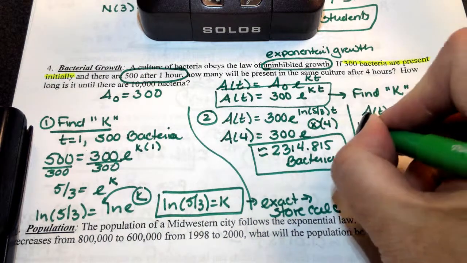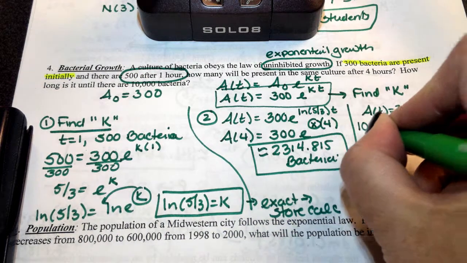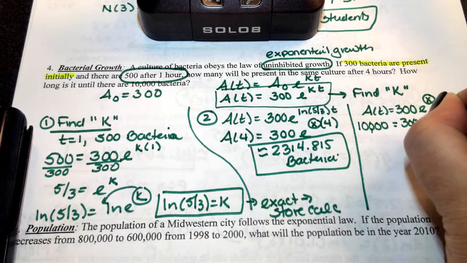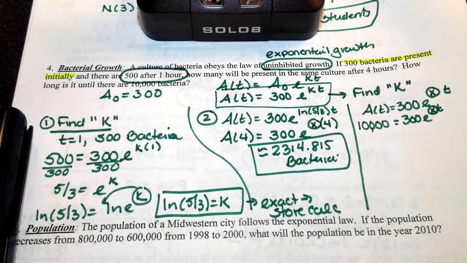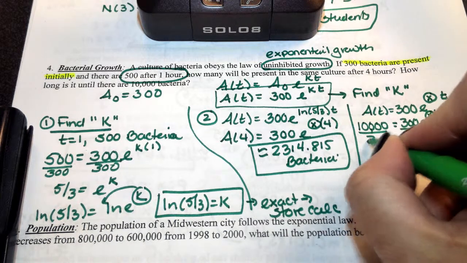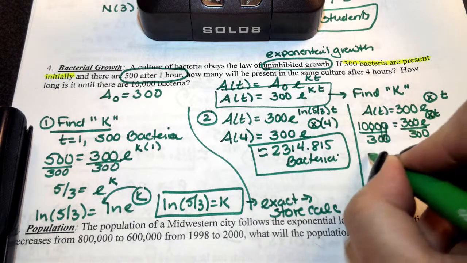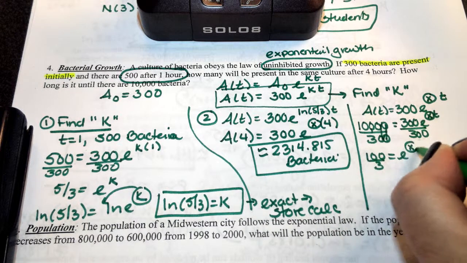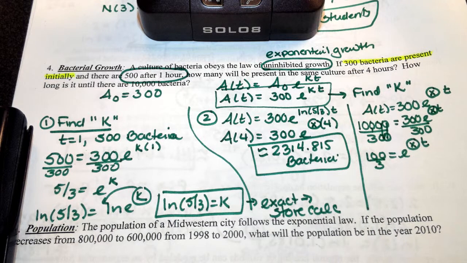So where am I going to put my 10,000? I'm going to take 10,000 and set it equal to 300 times e raised to the xT. Remember, I'm not solving for x, I'm solving for T. What's going to be my first step to solve for T? Divide by 300. So I end up with 100 over 3 is equal to e raised to that natural log of 5/3 times T. Now what are we going to have to do to both sides to solve for T?